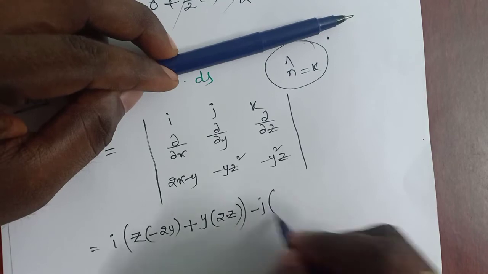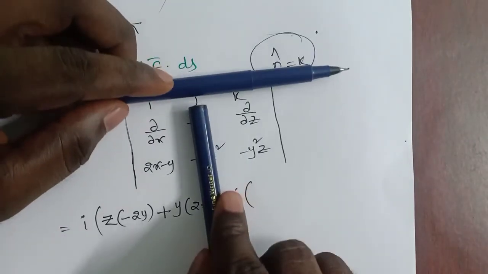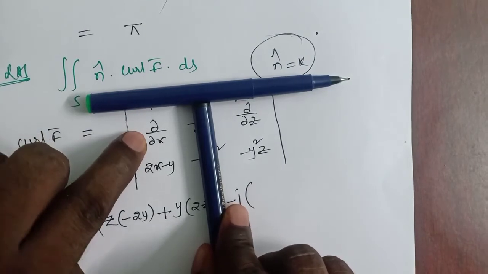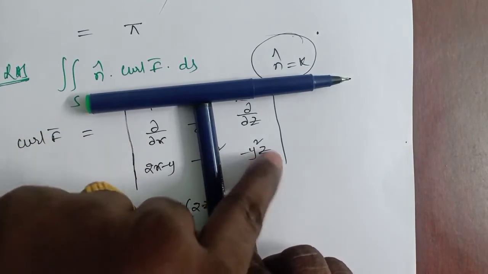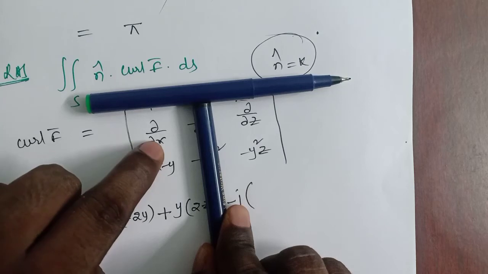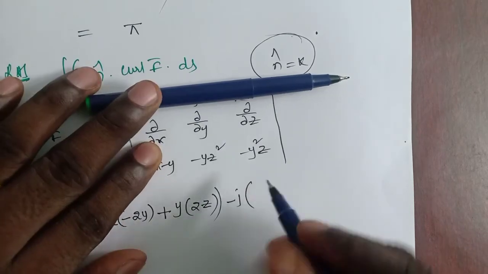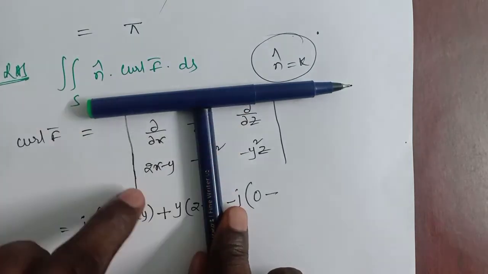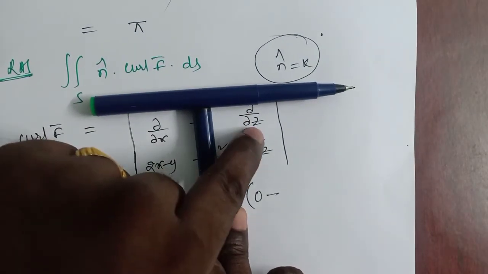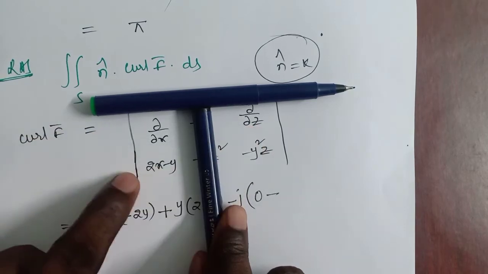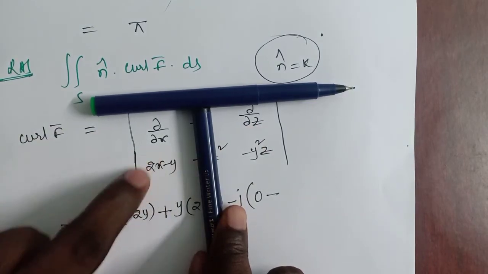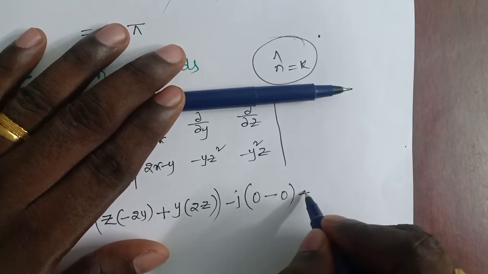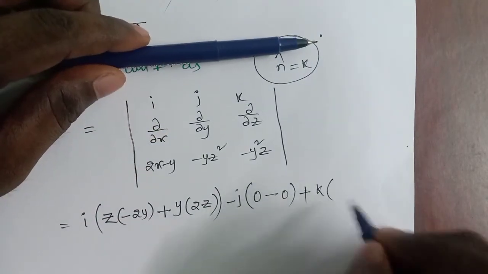Now minus j, now eliminate this one. So dou by dou x of minus y square z, completely this is a constant. Why? Because we need to differentiate with respect to x, so that it is 0 minus. Now coming to this one, dou by dou z of 2x minus y. If you want to differentiate with respect to z, but here we have 2x minus y, treat as a constant, so that it is completely 0 plus k times of.